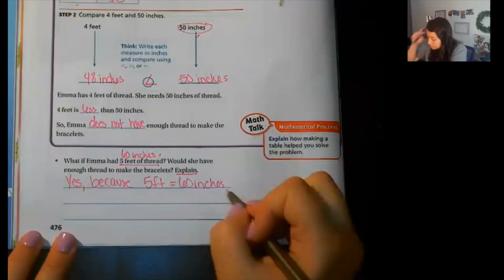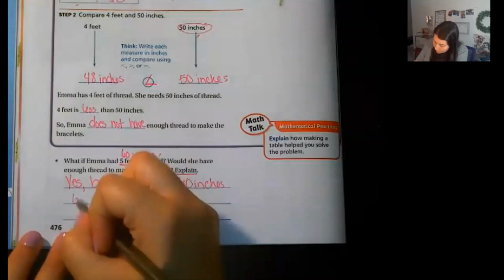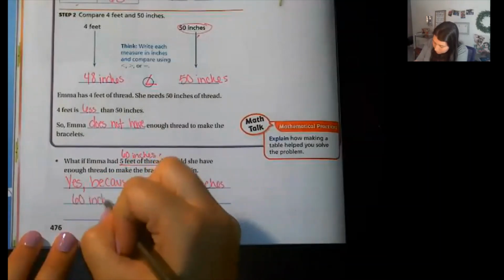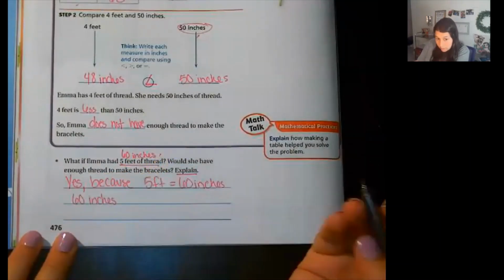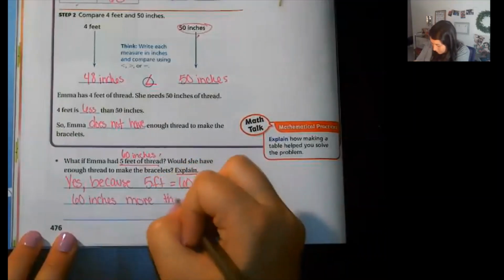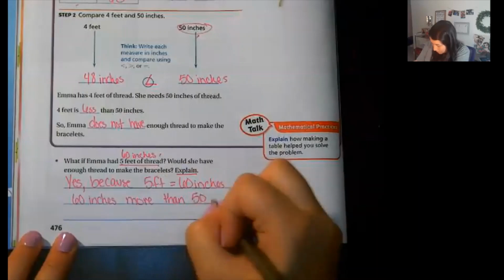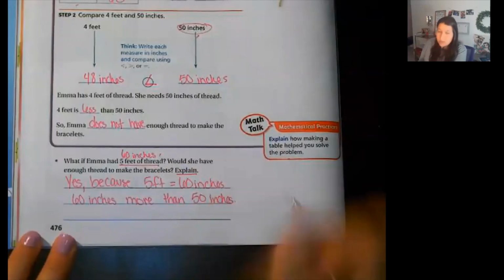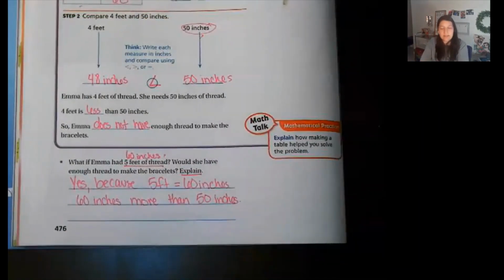And then we know that if we do a comparison like we did above, 60 inches is more than, good, 50 inches. So we know she will have enough because 60 is bigger than 50.